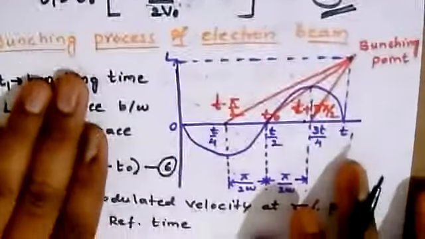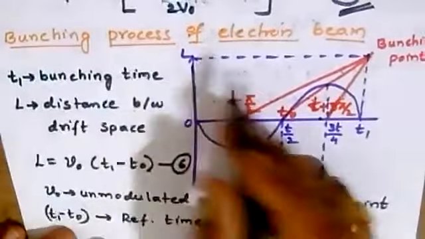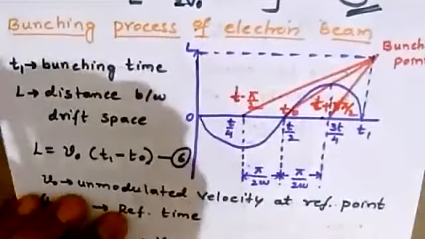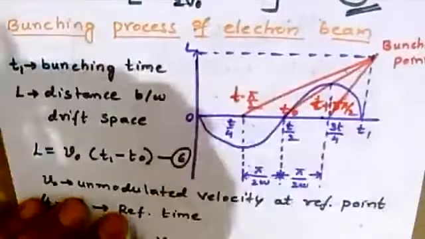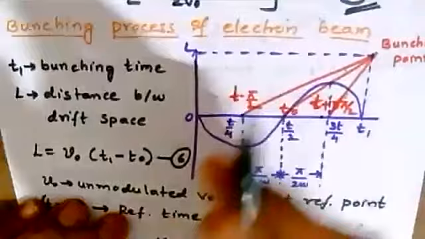Okay. Now this is the second derivation, the bunching process. Why are we doing this derivation? Because we want to know at what distance, how much distance it has been traveling, and at what time the bunching is taking place.